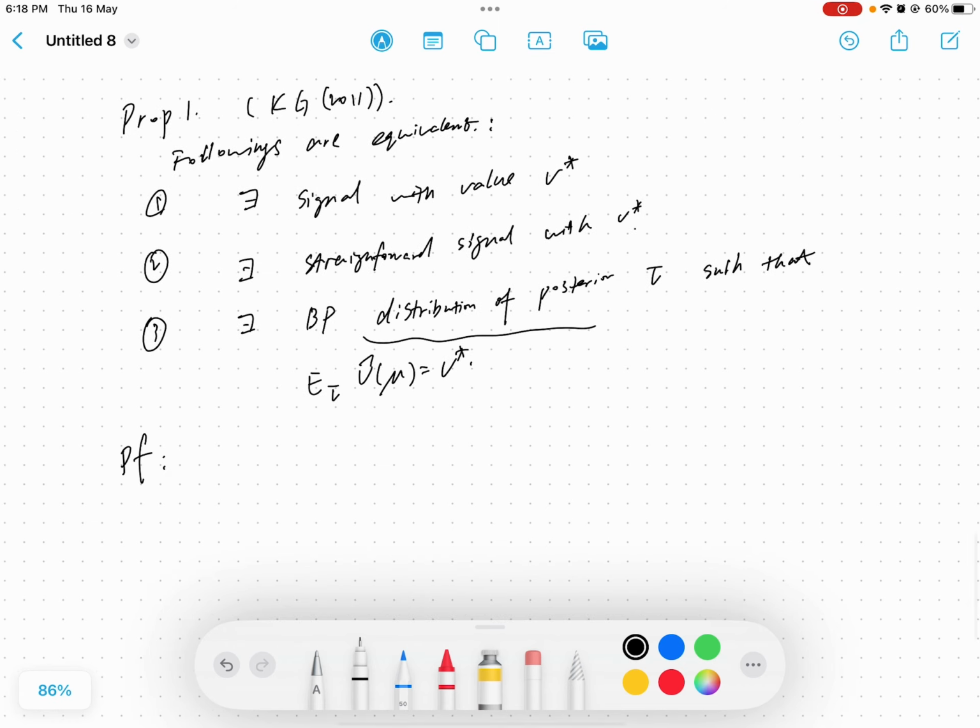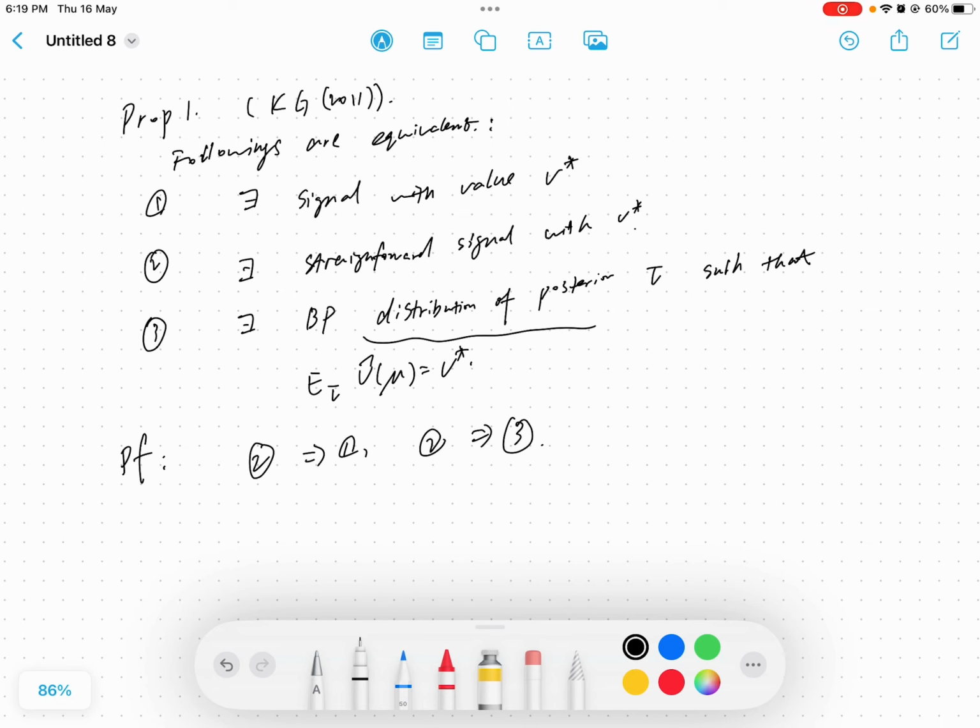Proof. So from 2 to 1 and 2 to 3 are just by definition. Okay. And those are immediate. Because if the signal is straightforward, then it has a value of V star. Then a signal that is straightforward or not must have this value of V star, right? So this is by definition. And also from 2 to 3, this is also very simple, right?